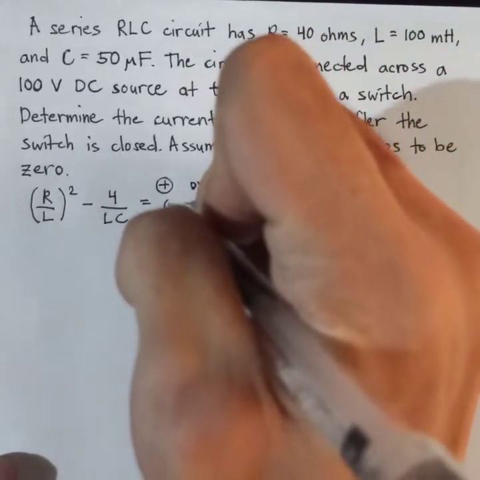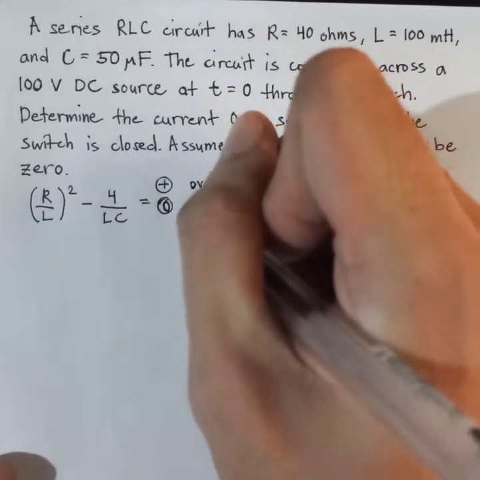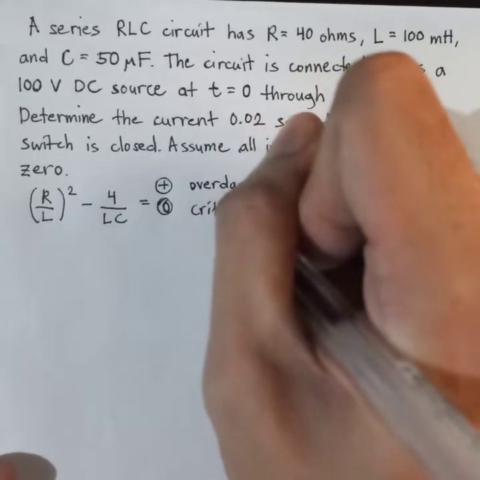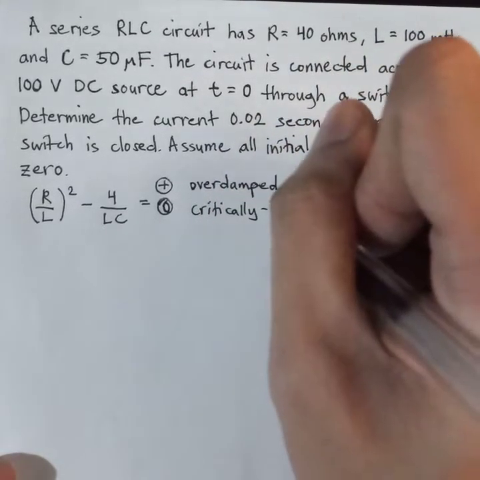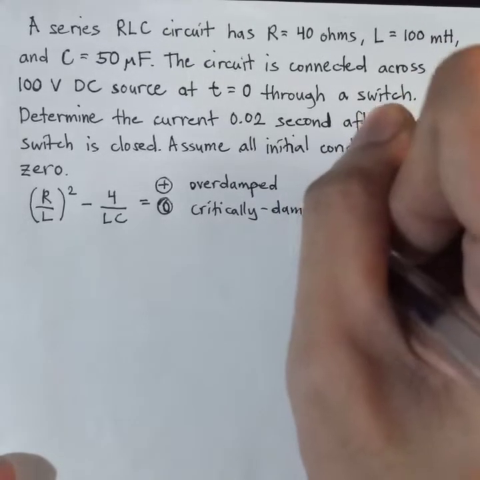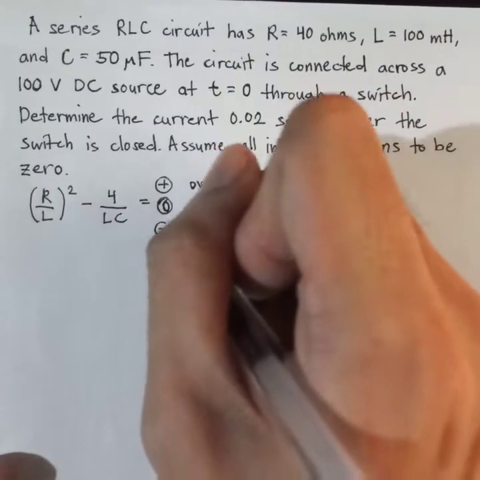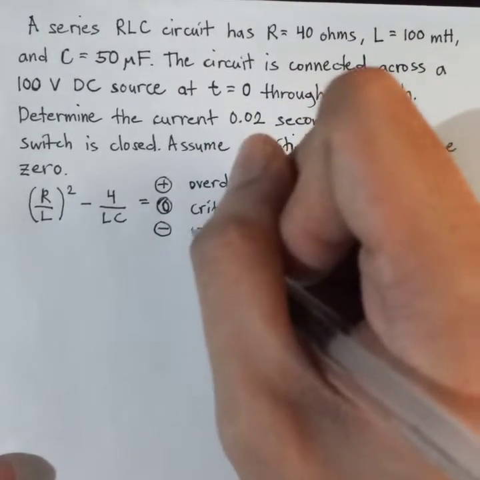If that is 0, that is critically damped. And if it is negative, that is underdamped.